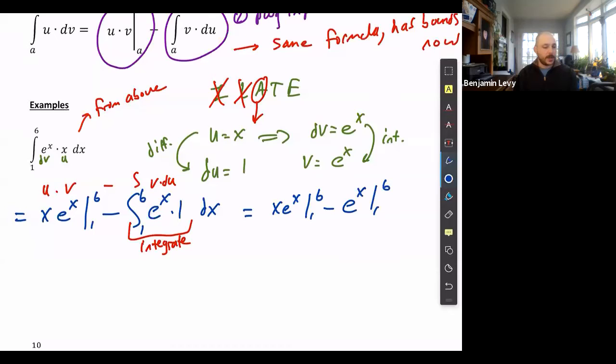Let me just pause there and let you compare this to the thing right up top there. Thoughts about that at all? Can I clarify anything there?